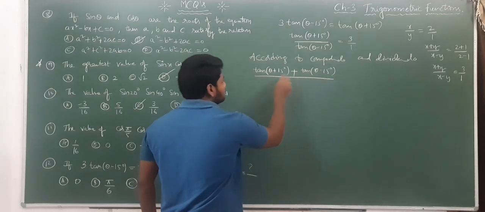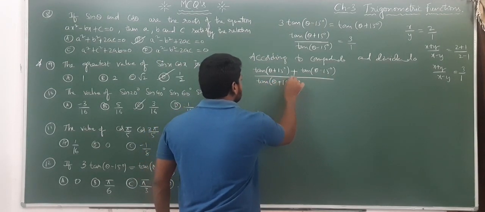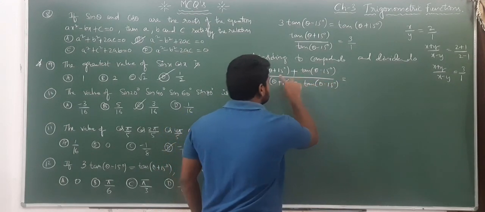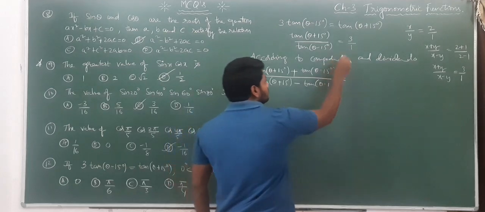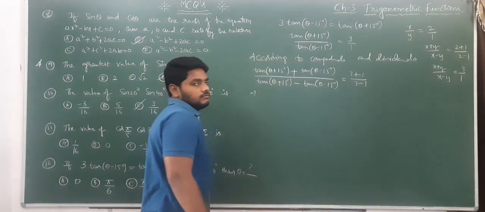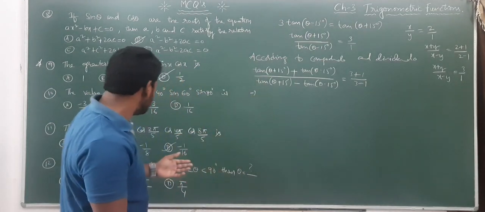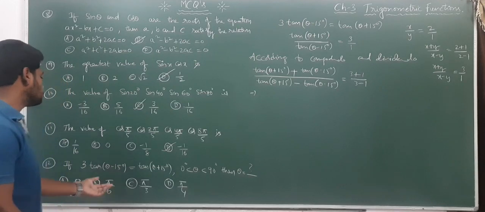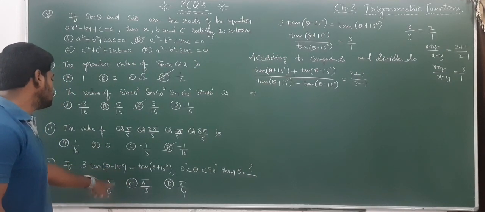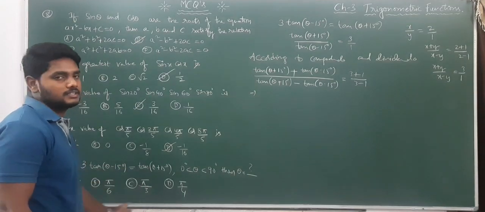So x plus y by x minus y is tan of theta plus 15 degrees plus tan of theta minus 15 degrees, divided by tan of theta plus 15 degrees minus tan of theta minus 15 degrees, which is equal to 3 plus 1 by 3 minus 1. Now we need to simplify this, then we will get theta. So this is the general method, but otherwise, to get the option directly, you substitute theta here. First you substitute theta 0 degrees, next pi by 6, pi by 3, pi by 4, which will give LHS equal to RHS. That is your answer.